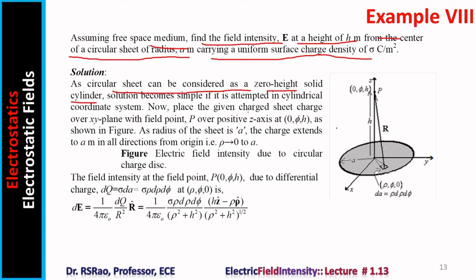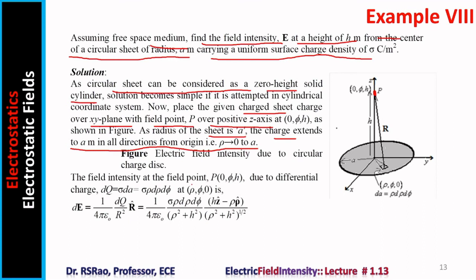Now place the given charged sheet over the xy plane with field point P over the positive z axis at (0, 0, h). This is the field point, this is the sheet over the xy plane. As the radius of the sheet is a, charge extends in all directions from the origin, that is rho from 0 to a.